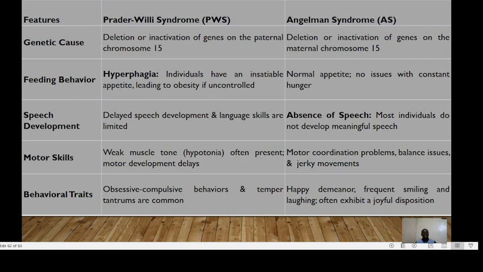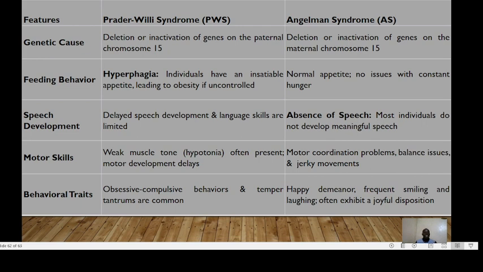In terms of feeding behavior, Prader-Willi syndrome patients will present with hyperphagia, while Angelman syndrome patients will have normal appetite with no issues of constant hunger.